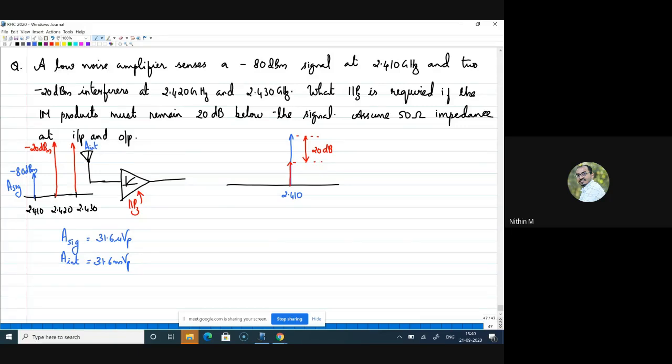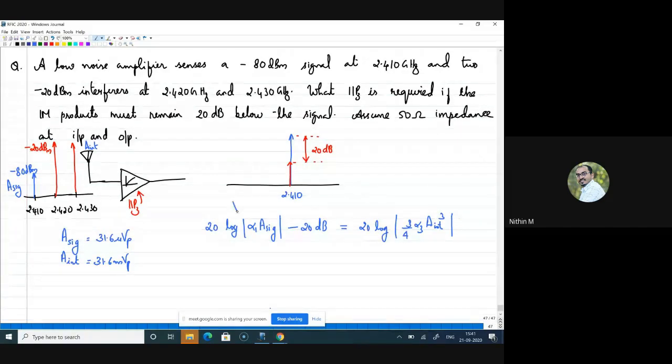So what I can write is your output signal, I'm just taking the same expression as before: 20 log of alpha 1 into A signal, that is your output signal component, minus 20 dB should be equal to the IM3 product, that is 20 log of 3 by 4 alpha 3 A_in cubed. I hope this is clear.